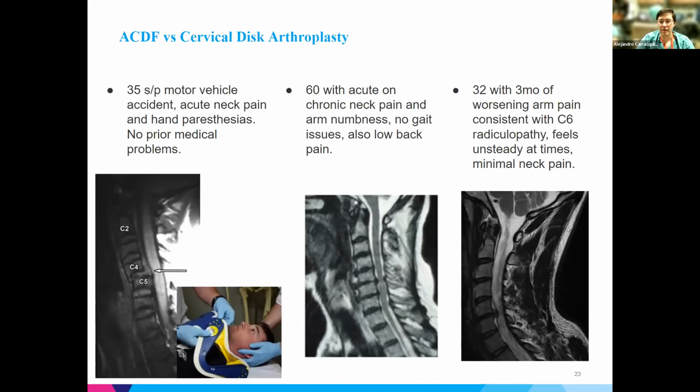However, it's important that we define who is a good candidate for arthroplasty. So here we have 3 different patients, and all of these 3 patients could potentially use an anterior cervical spine surgery or a discectomy or disc replacement of some sort.